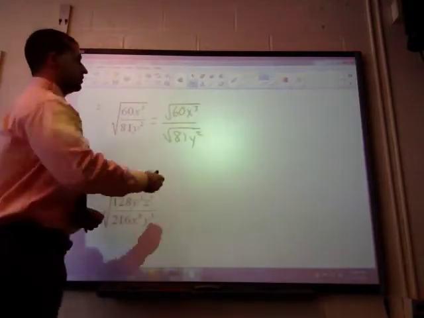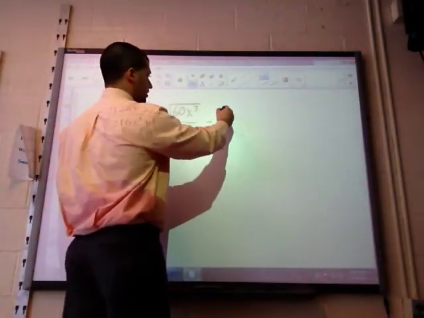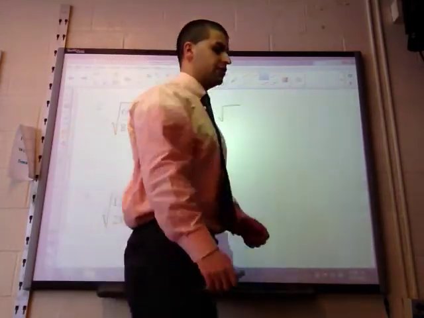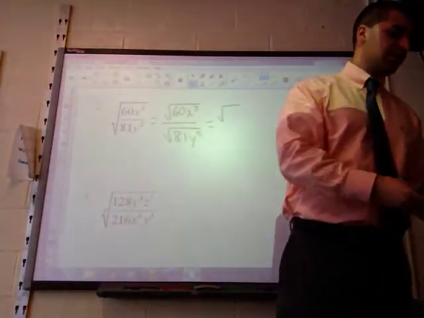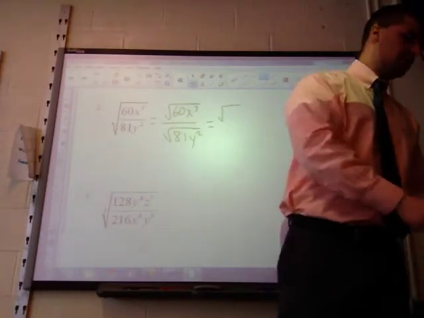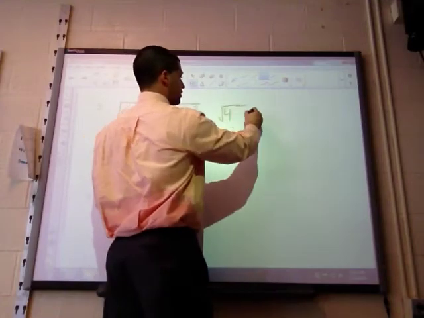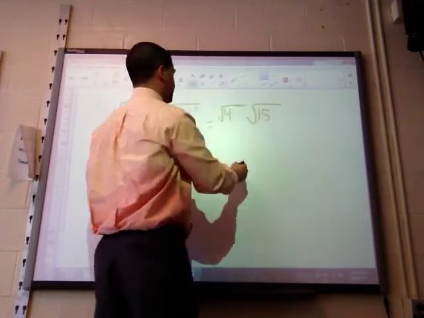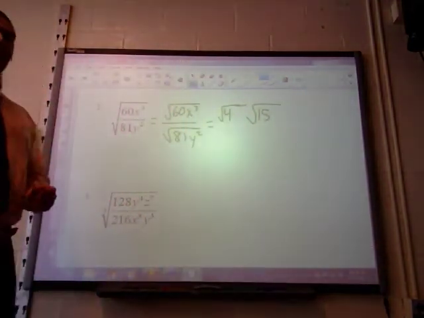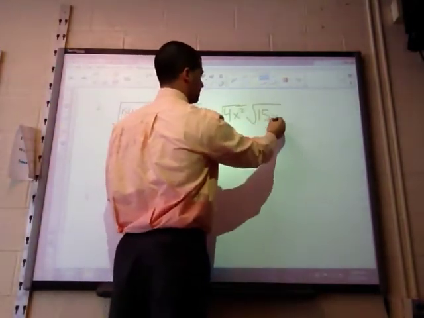On this one, we look for the biggest perfect square that goes into 60, and let's see, I want to say that's 4. Yep. Nothing other than 4 goes in, so you have 4 left over with a 15. 4 times 15, 60. The biggest perfect square that goes in x cubed is x squared, left over with an x.